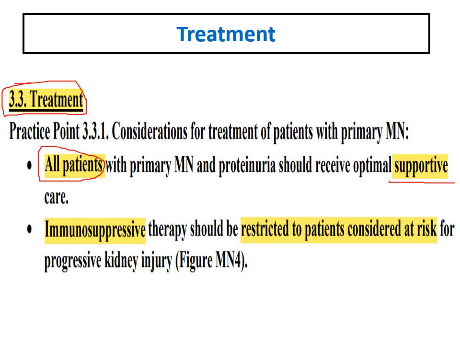But immunosuppressive therapy should only be restricted to patients at risk for progressive kidney injury, as we described in the table before. For patients at very low risk, we should wait and see, leaving the option for spontaneous remission. Very low risk is proteinuria less than 3.5 gram, serum albumin more than 3, with normal GFR.